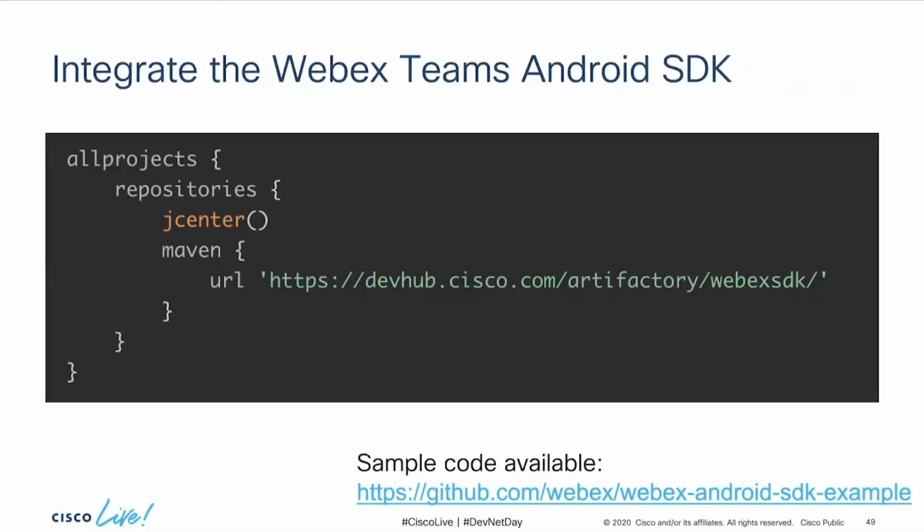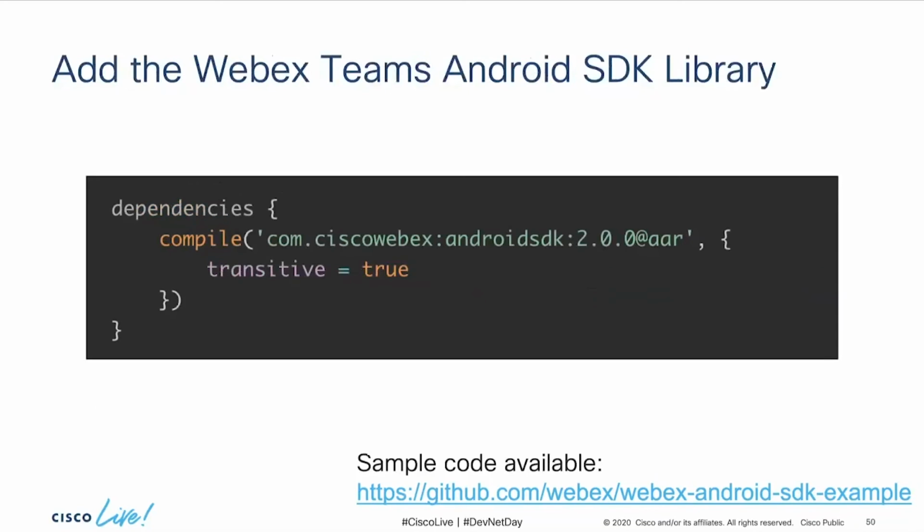First, you need to add the following repository to your top-level build Gradle file of your project module in Android Studio. You can see that this URL for Maven is where you can get that SDK from. And as you see below, we also have the Android SDK example that you can pull the code from. Now, you need to include the Webex Teams Android SDK library module as a dependency for your app.